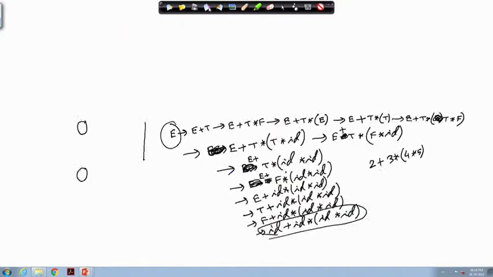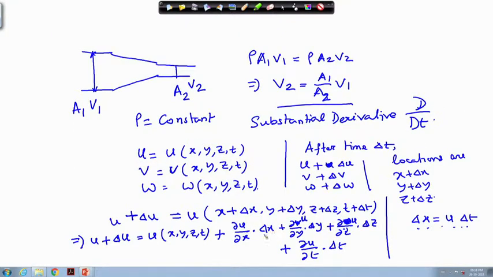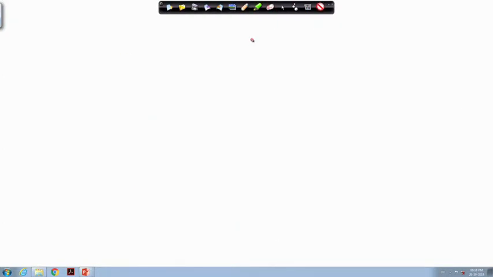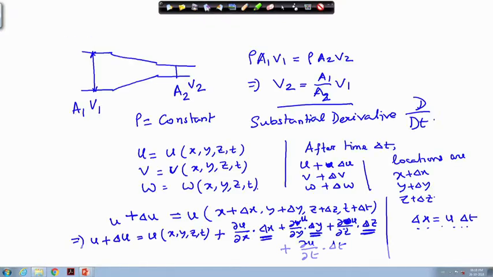If you simply substitute in the previous equation, you substitute for delta x, delta y and delta z, and what you get is delta u, because you need to also understand that this u and this u are the same, so they actually cancel out.